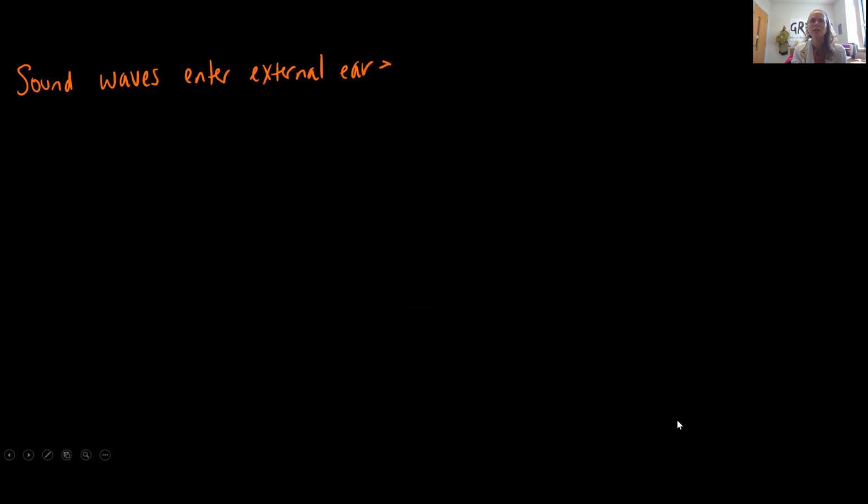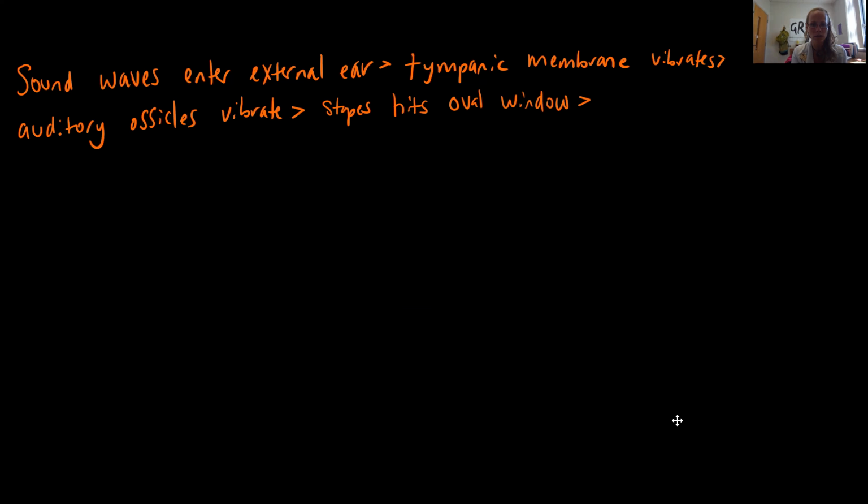All right, so let's diagram our pathway. Sound waves are entering that external ear. So they're being collected by the pinna or auricle, traveling through that external auditory canal and hitting up against the tympanic membrane. Once that tympanic membrane vibrates, it's transmitting that vibration to those auditory ossicles, malleus, incus, stapes.